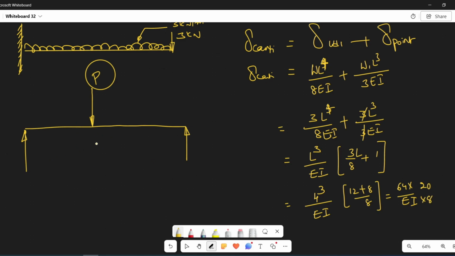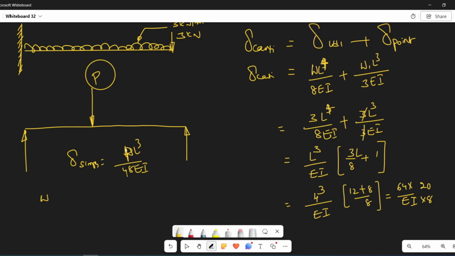What we are going to do, there is a point load, WL cube by 48EI, right? We don't know the value of this.